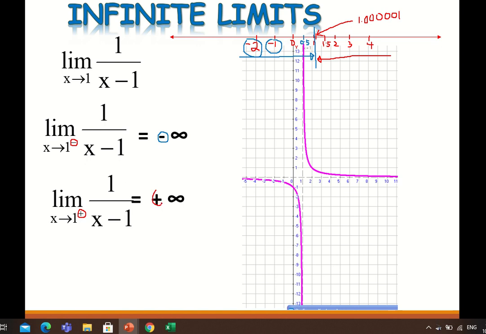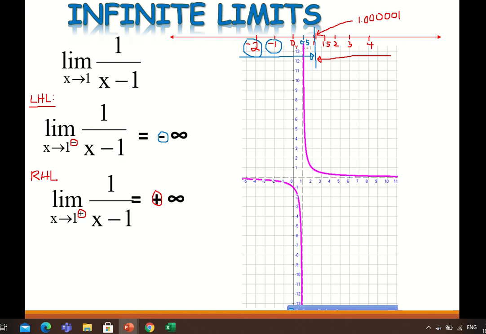This is our left hand limit. Our left hand limit is equal to negative infinity, and our right hand limit is also infinity, but positive.